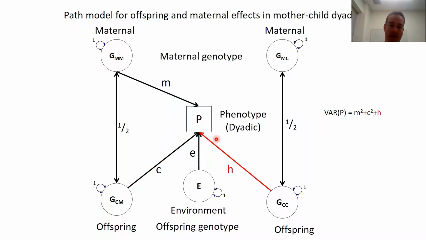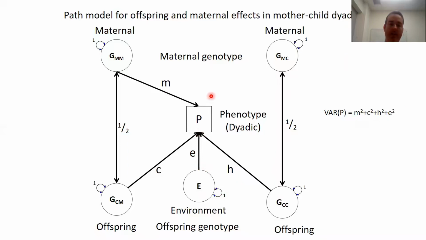Yet another path is H multiplied by 1 multiplied by H, so H squared, and then the residual path, so E multiplied by 1 multiplied by E, which is E squared.